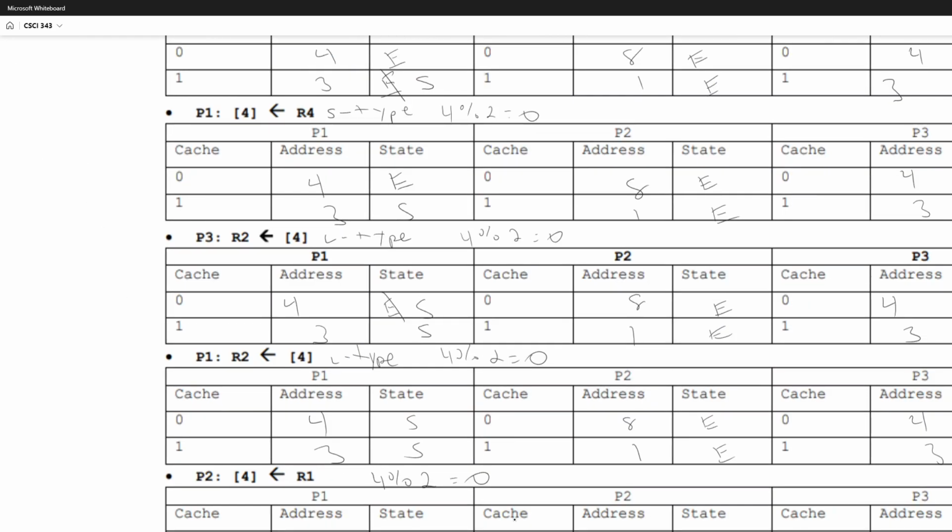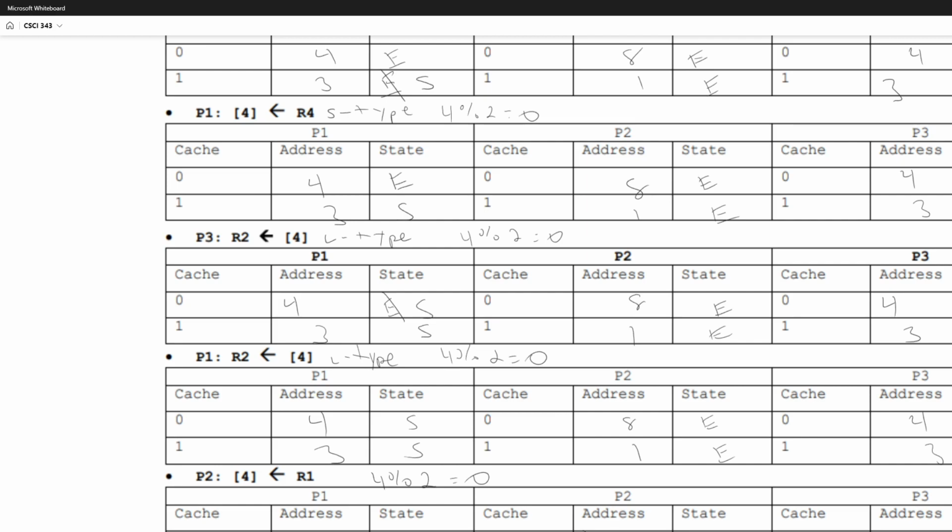So we have to read it first. We replace address 8 with address 4. Then we check if the other caches have it. It does. So this is going to go from exclusive to shared.